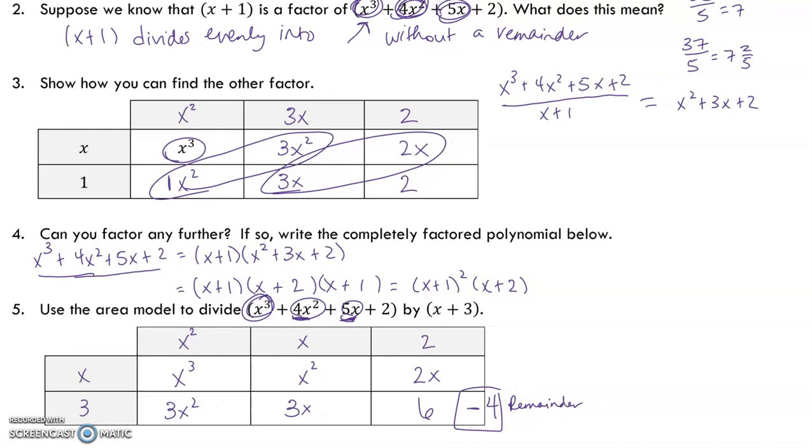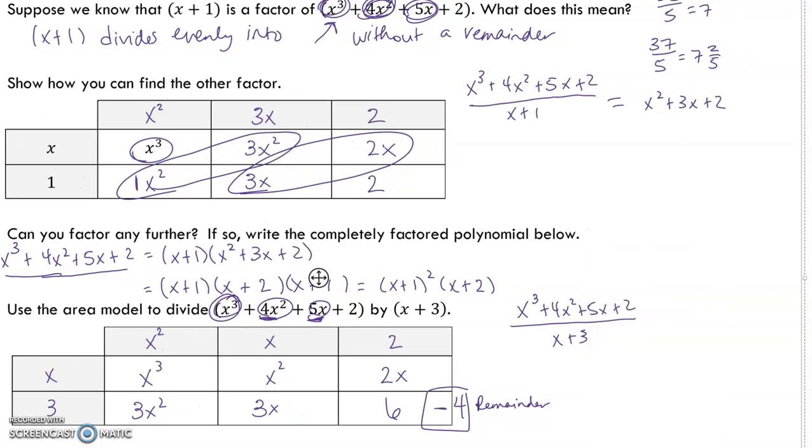So in other words, x cubed plus 4x squared plus 5x plus 2 divided by x plus 3 doesn't work out neatly. This works out to be x squared plus x plus 2, and then plus your remainder, so minus 4 over x plus 3.